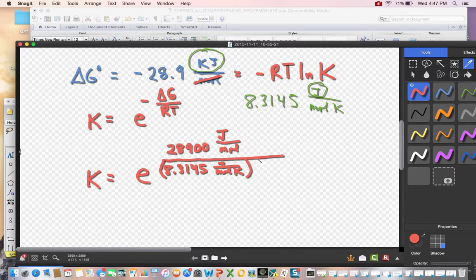In thermodynamic calculations, the temperature is almost always room temp. And if you are not given specific information about the temperature, you assume that is 298 Kelvin. This is really important because notice that all of my units cancel. I cannot raise an exponential if I have a unit. I cannot take a log if I have a unit. They must be dimensionless quantities. And so now I know I can simply plug this into my calculator.